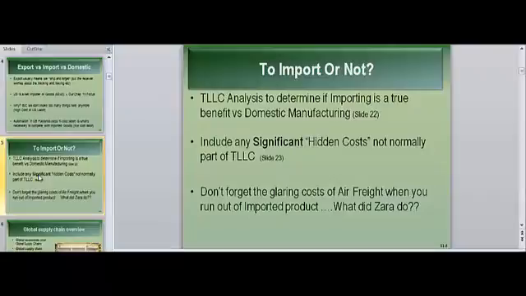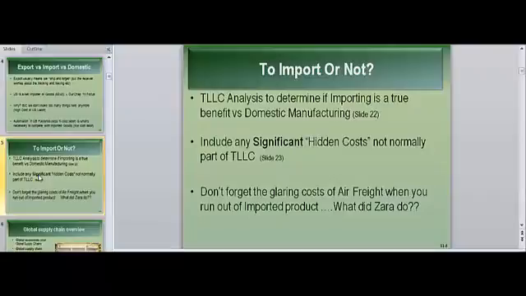And to answer that, you do total least landed cost analysis to determine if importing is a true benefit versus domestic manufacturing. There's an example of that and those costs in slide 22, and it is touched on, not in great detail, but enough for you to be able to work the arithmetic for the most part in the business case.